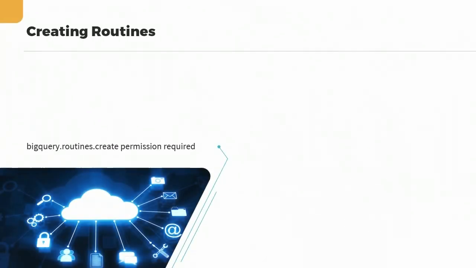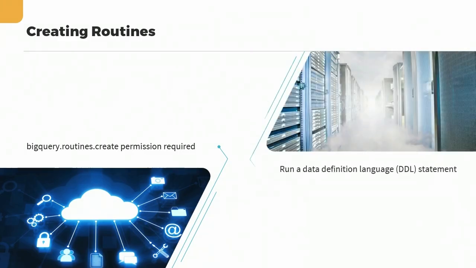And what we're going to do now is create a routine, and we have a process that we have to worry about. So we have BigQuery.routines.create, which is a permission that needs to be attached to the routine. And we need to use the SQL API to assign this. And then we can run a data definition language statement using this routine.